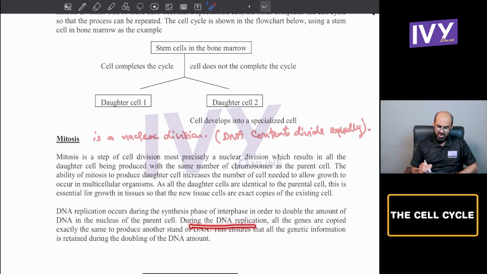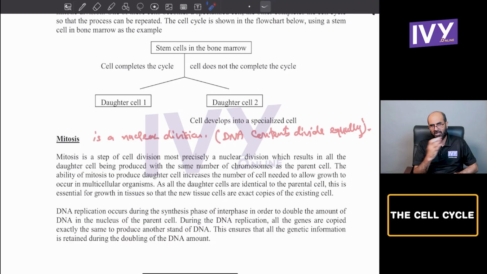During DNA replication, all the genes are copied exactly the same to produce another strand of DNA. And I told you in the previous chapter about the semi-conservative replication of DNA, how a DNA is copied by the process of replication. So the same thing is going on. If you want to increase the number of chromosomes from 46 to 92, each chromosome is made up of one DNA molecule.